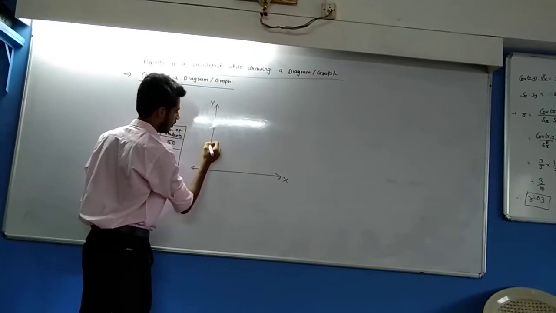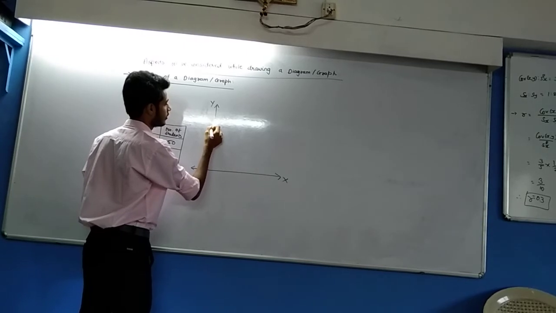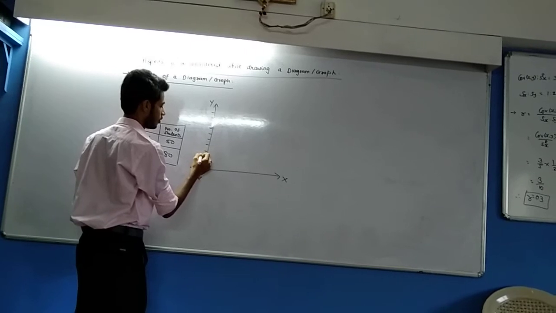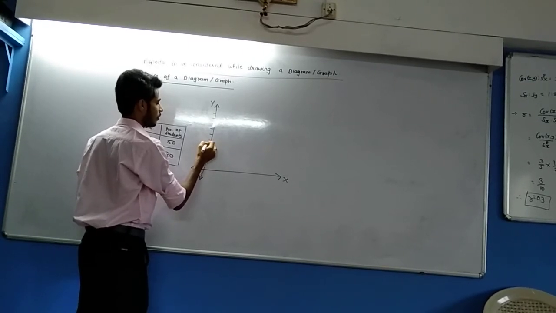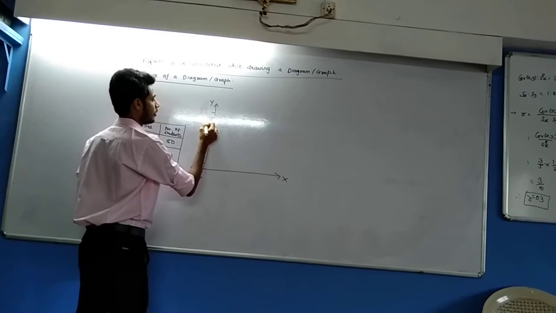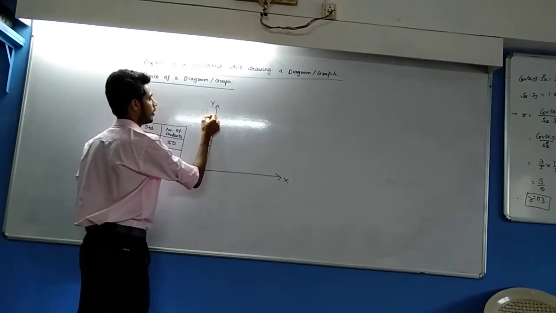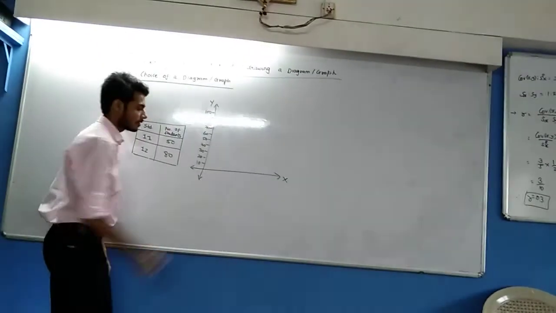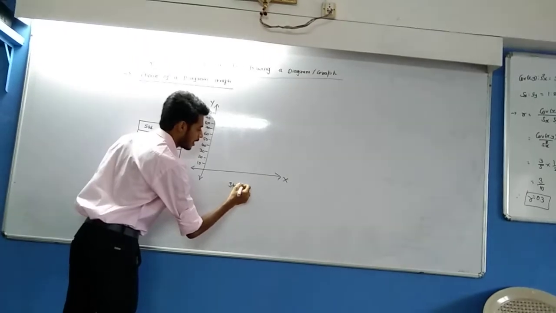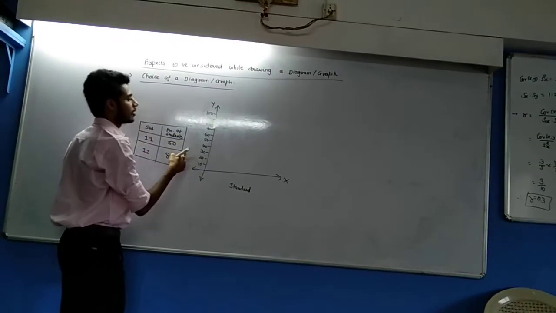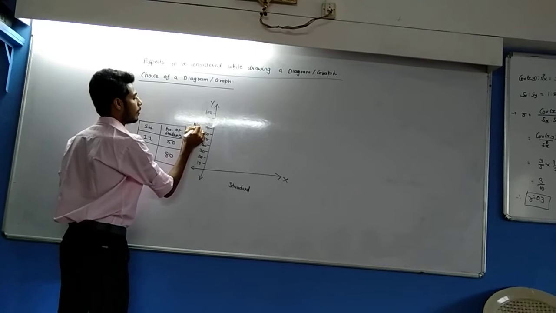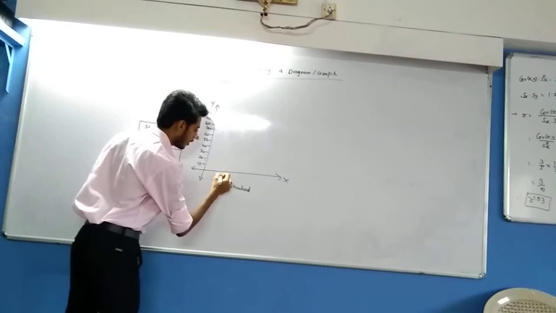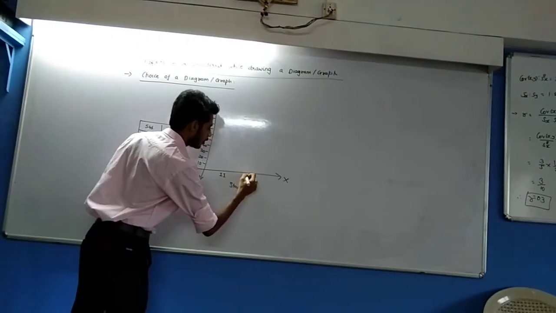On the x-axis you will have the standard, and on the y-axis you will have the number of students studying in that particular class, 11 and 12.